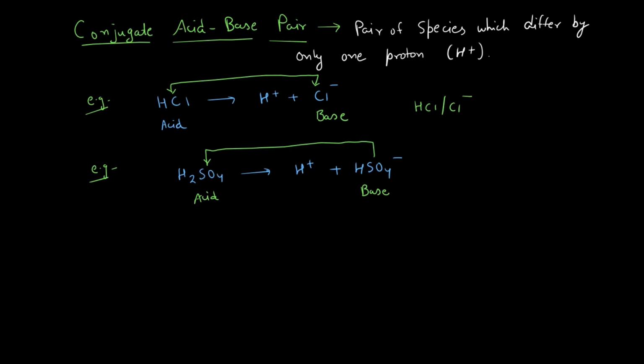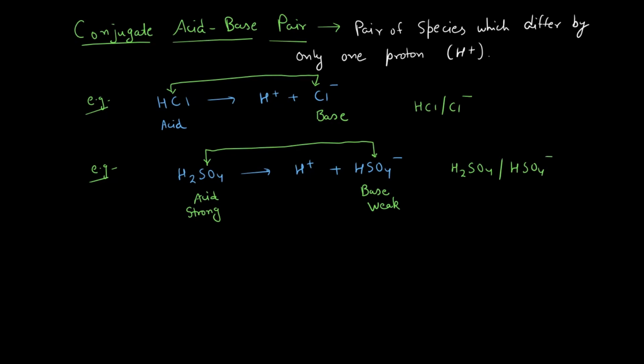Very important thing, a strong acid will give us a weak conjugate base and a weak acid will give us a strong conjugate base. So strong will give weak, weak will give strong, acid will give base, base will give acid. So here our pair is H2SO4 and HSO4 negative.